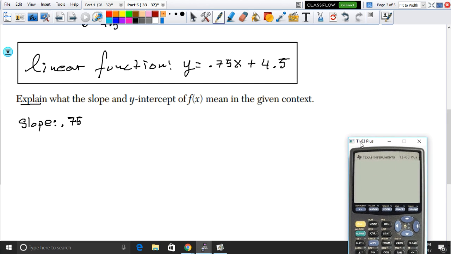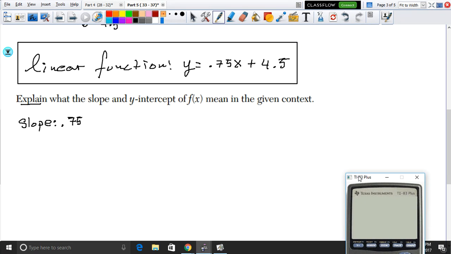Now, usually slope is the rate of change. So it's pretty much what is changing. And if we look at the problem, well, let me write this down. Slope is the rate of change. So here it's saying that the rate of change is 0.75.